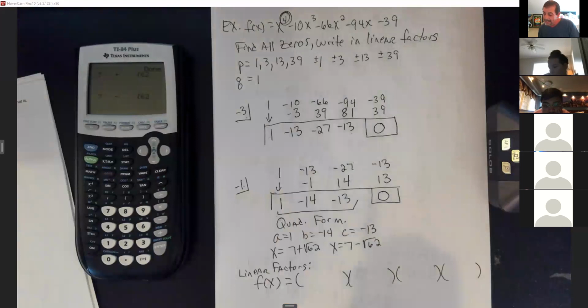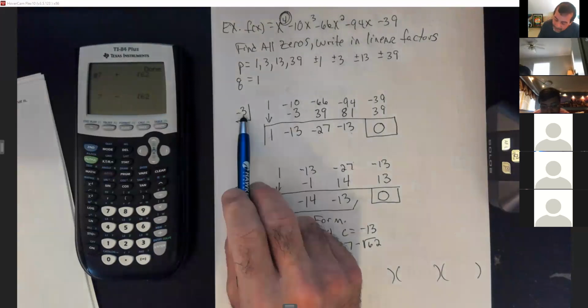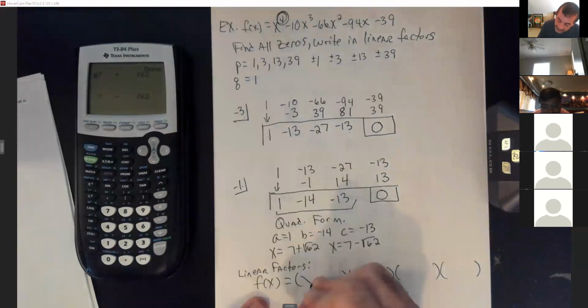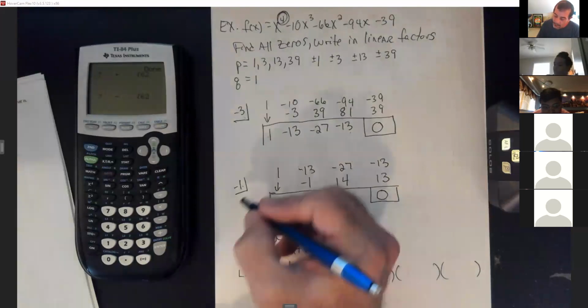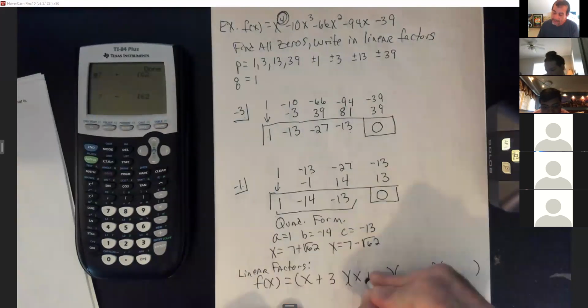Now, this one, since I didn't have any fractions, I don't have to put nothing out front, okay? So here's the minus 3. I'm going to change the sign and make that a positive 3. Negative 1, I'm going to change the sign and make that a positive 1.